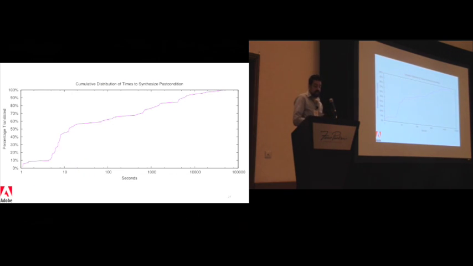If we look at the cumulative time distribution of the times to perform synthesis for this translation, the vast majority of them happen in just a matter of seconds or minutes, right? So at 50%, we're at about 100 seconds. On the right-hand side, you see that there are a few that take a very long time to synthesize.